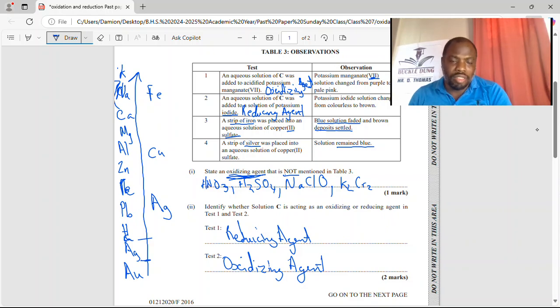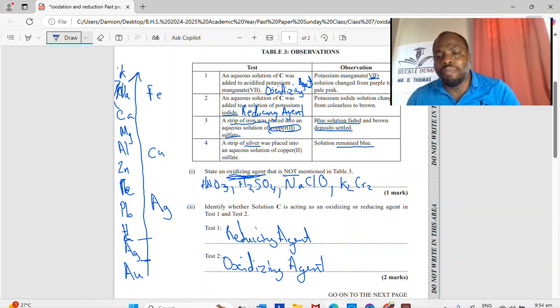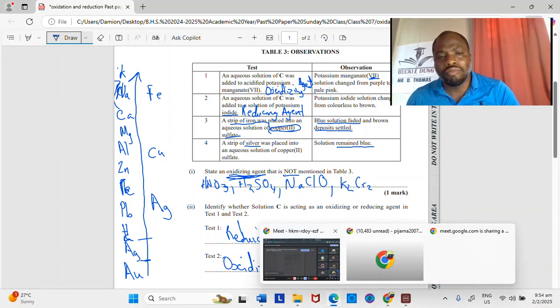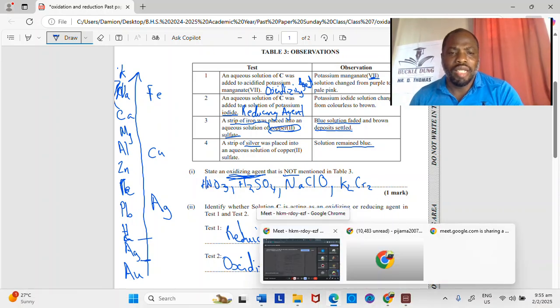So that is what iron did to the copper, causing the copper to now basically be on its own. So copper sulfate, if you think about it, hydrated copper sulfate, and that is in the lab as well, we know that it has a blue appearance.